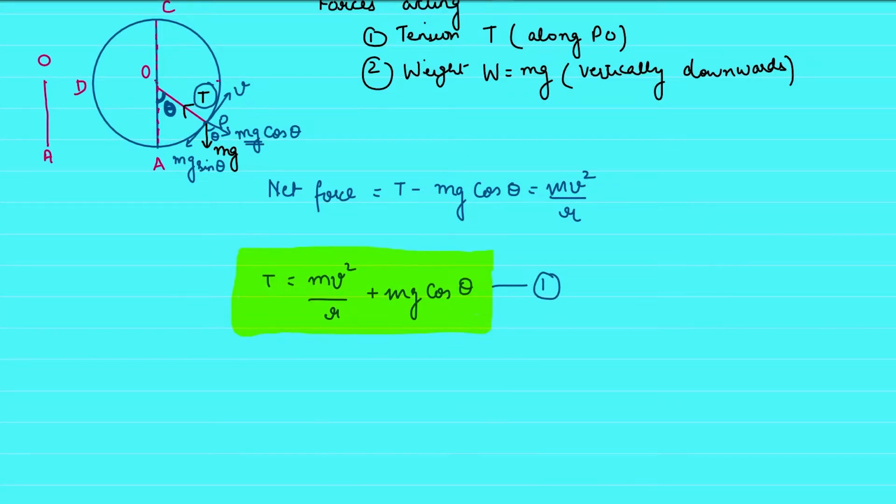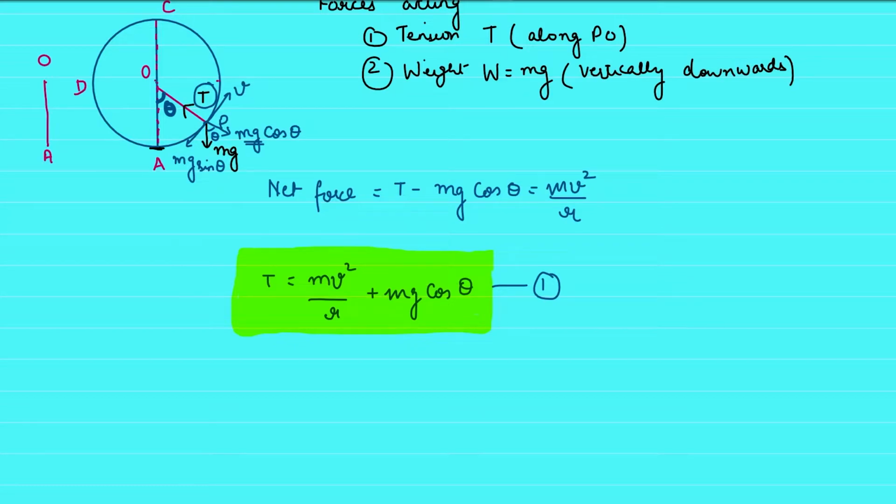Okay. Now to find out the value of velocity, we will use the law of conservation of energy. For that, let us consider this lowest point A as the reference level for potential energy. That means let us assume that at point A the gravitational potential energy is 0. So applying the law of conservation of energy at point A and at point P, we know that the total energy remains constant.